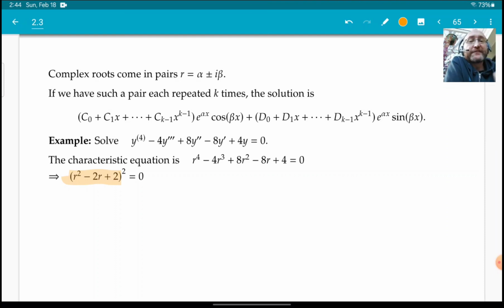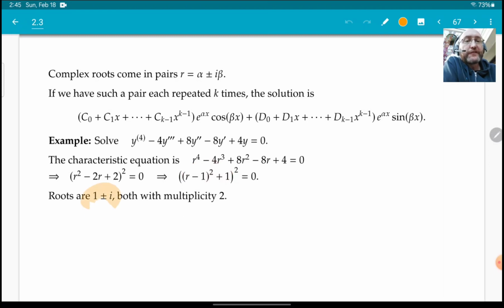So it's this quadratic squared. Now, this quadratic under the square, I can complete the square, and I notice that it's r minus 1 squared plus 1, which is going to be 0 whenever r minus 1 is i or minus i, meaning whenever r is 1 plus i or 1 minus i.